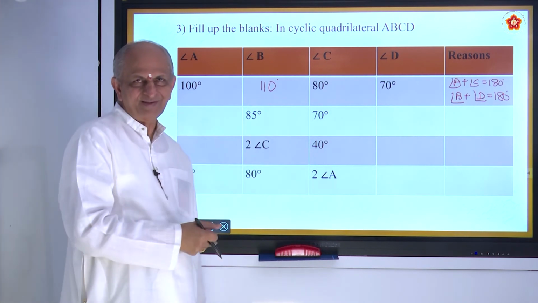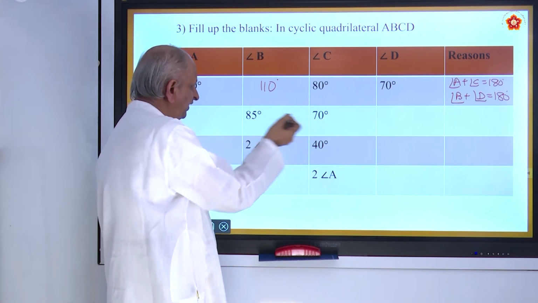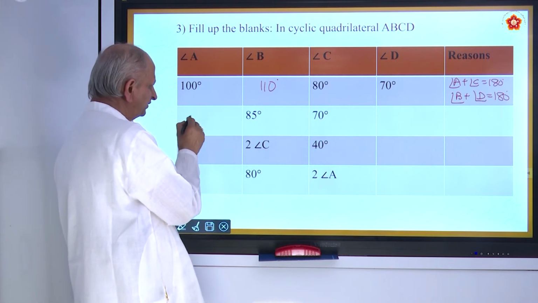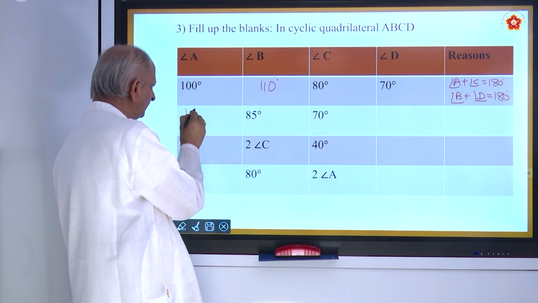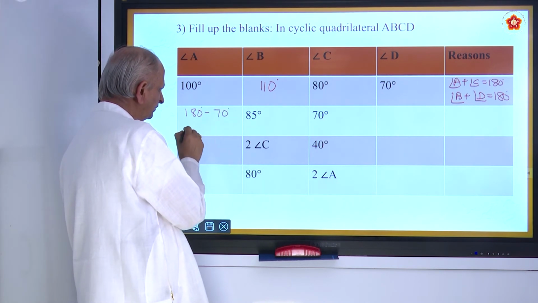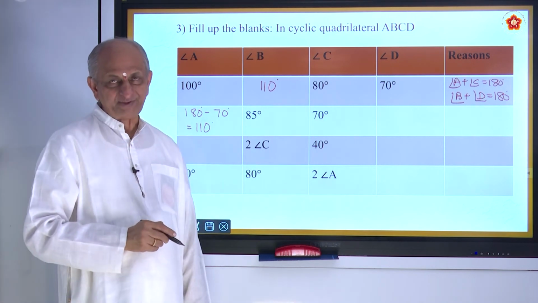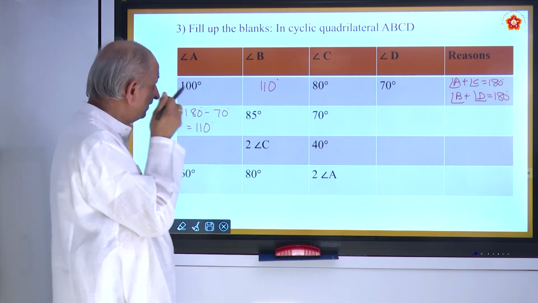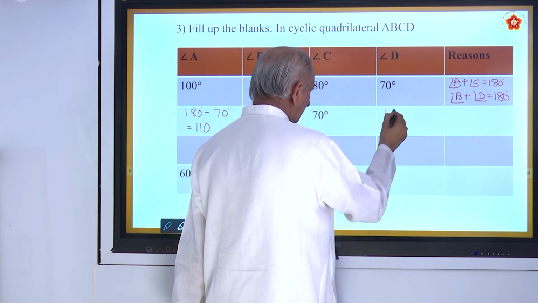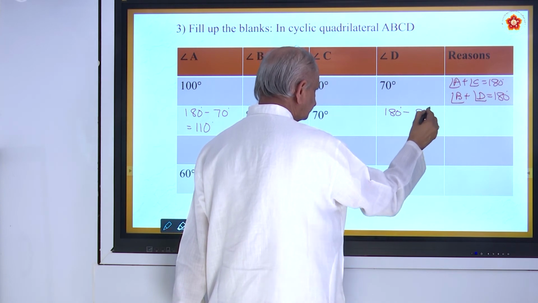Come on, try the second one. If C is 70, what is A? A is 180 minus 70. That will be 110 degrees. Opposite angles A and C. Similarly, B is 85. This becomes 180 minus 85.